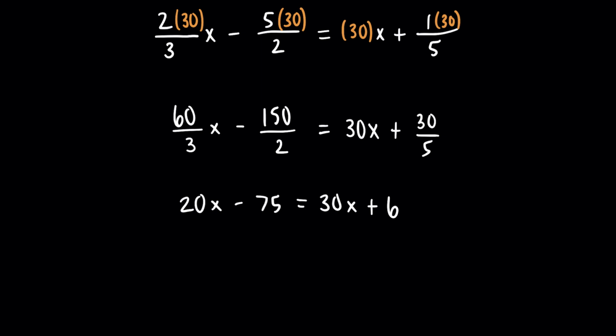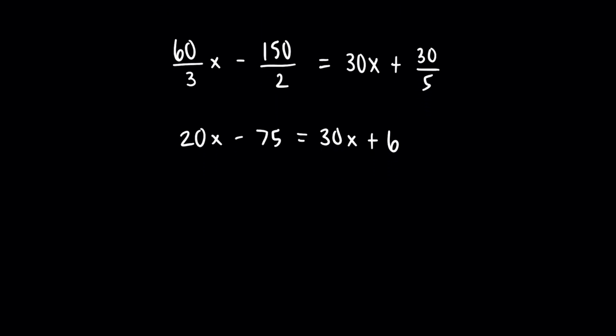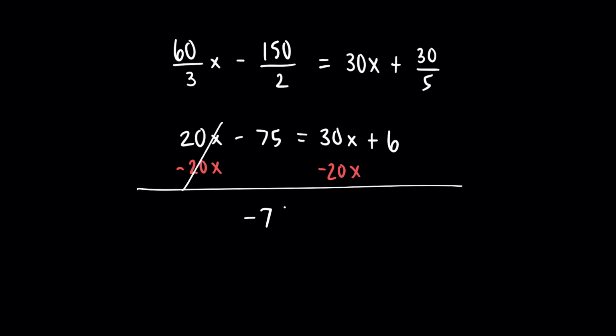So now we've got a relatively basic algebra problem to solve. Like I recommended before, I like to have positive variables, so I'm going to recommend subtracting 20x from both sides, so that you're left with negative 75 is equal to 30x minus 20x is 10x plus 6. And then if it was me here, I would subtract 6 from both sides.